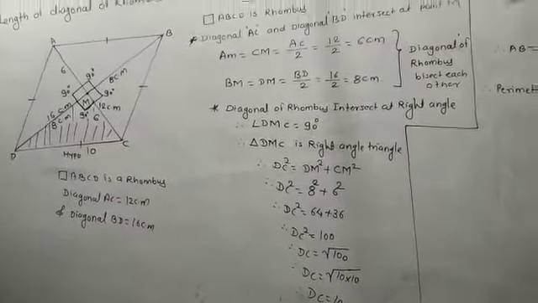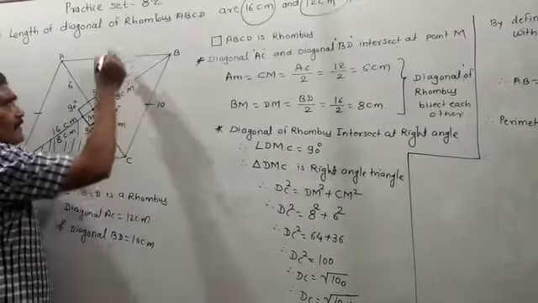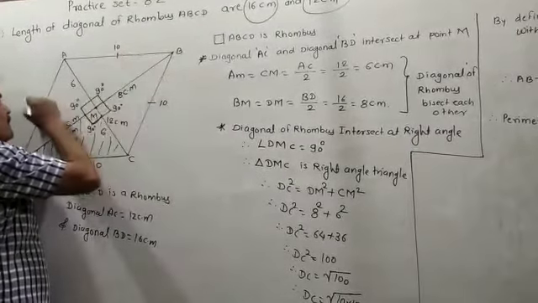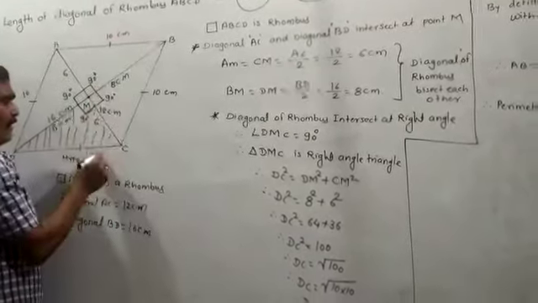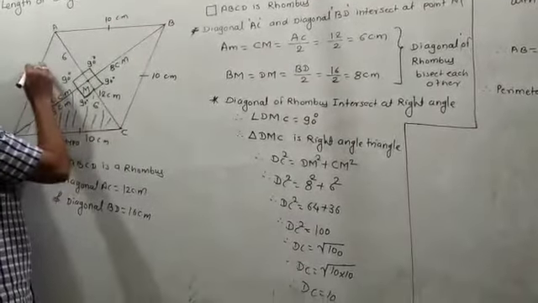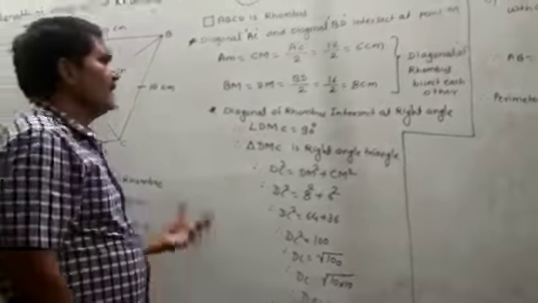the perimeter of the rhombus. At that time, if this one is 10, you have to say that this one is also 10, this one is also 10, and this one is also 10 centimeter. So if one side is 10 centimeter, at that time all sides are 10 centimeter.